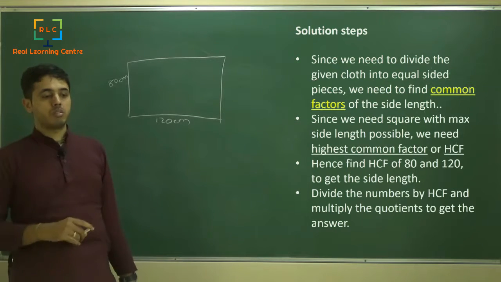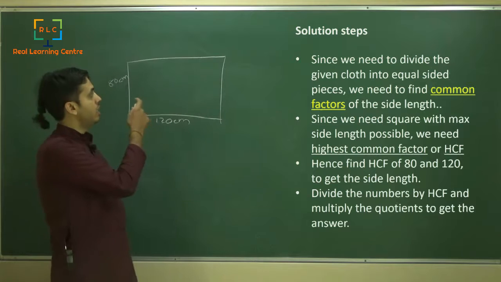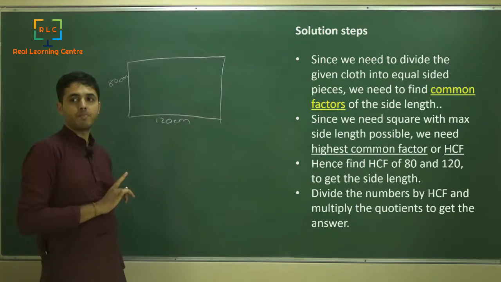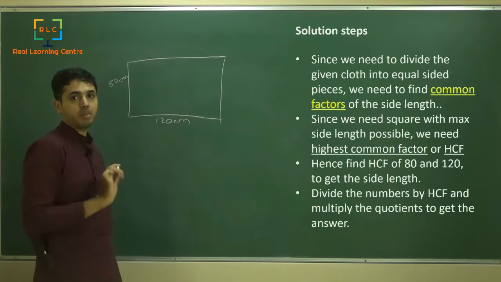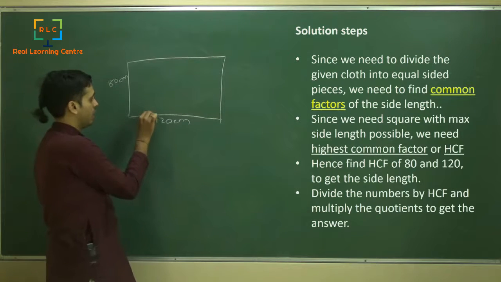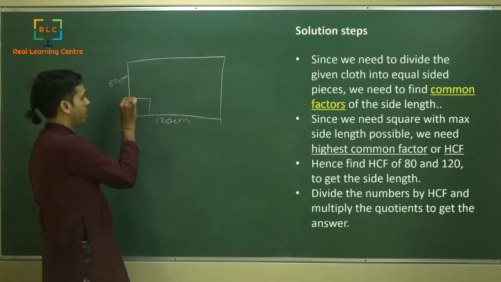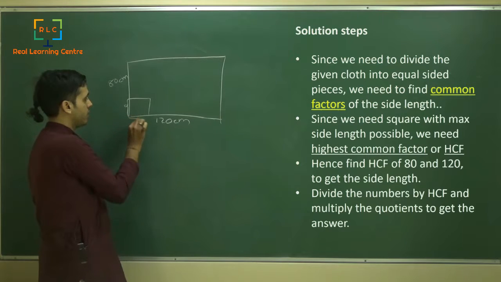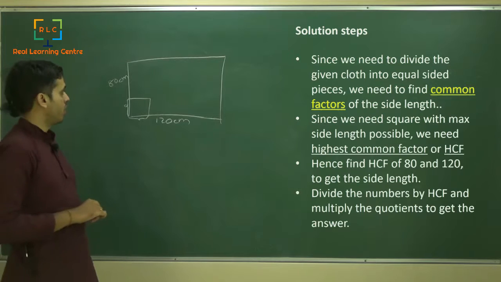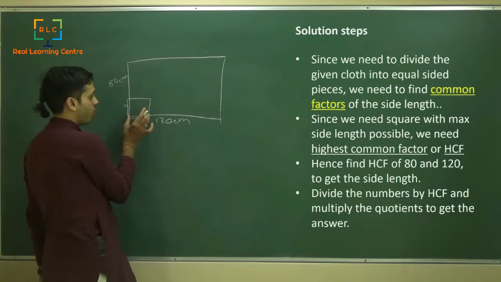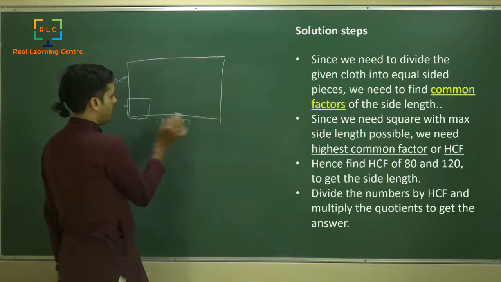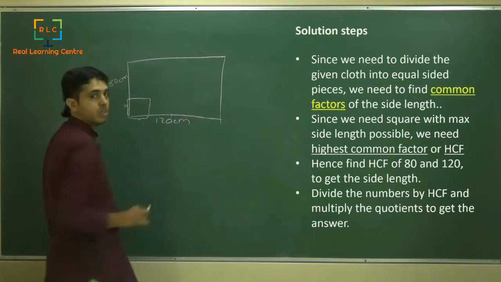So, solution steps. Since we need to divide the cloth into equal sized pieces, we need to find a common factor. Why common factor? Because of equal sides. If you have a square here, this particular length and this particular length must be the same. Going forward like this, suppose you have one more, now this side length is the same size.